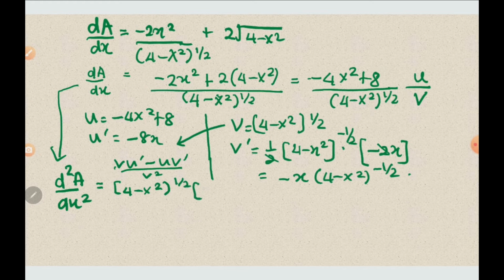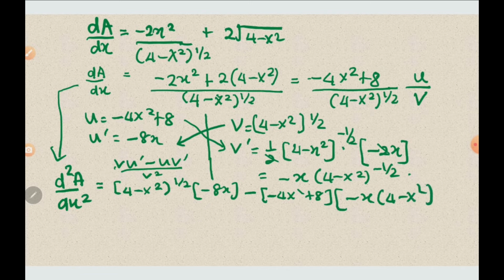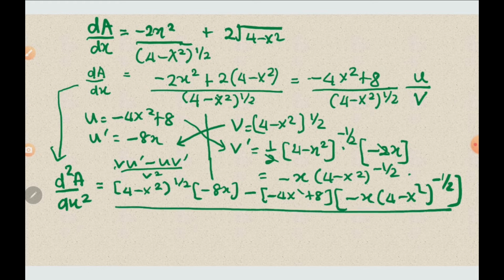You multiply with u prime, negative 8x, minus u multiplied with v prime. u is negative 4x squared plus 8. You multiply with v prime, that is negative x multiplied with (4 minus x squared) to the power of negative 1 over 2. And we have to close the bracket. Don't forget to divide by v squared, that is 4 minus x squared. Okay, then simplify.